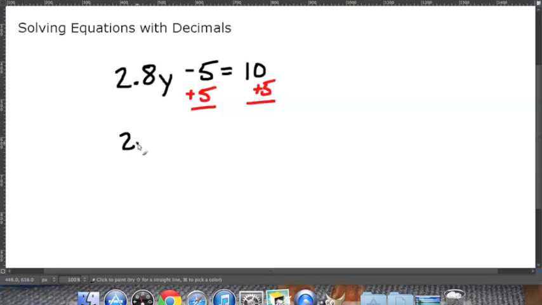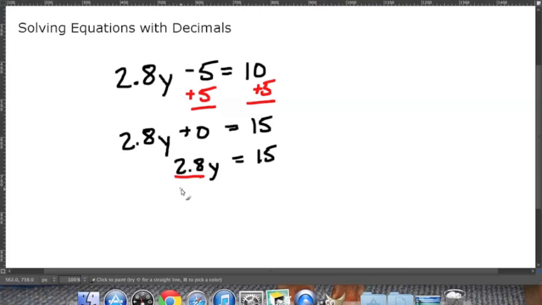So we're going to get 2.8y plus 0 equals 15. 2.8y plus 0 is just 2.8y equals 15. Now to get this y by itself, we're going to divide by 2.8. Whatever we do to the left side, we have to do to the right side.